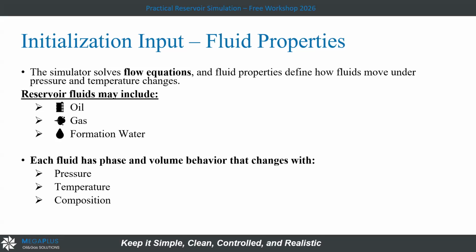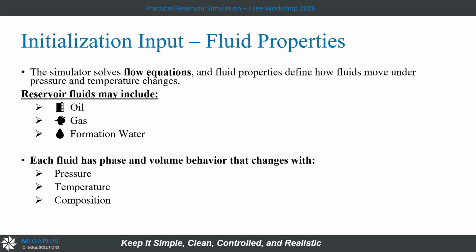That's why in the beginning I insisted that we have to make the minimum number of cells that mimics the real geology of the field, because of all the equations that the simulator must solve.